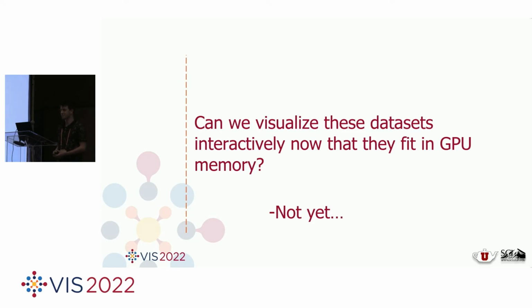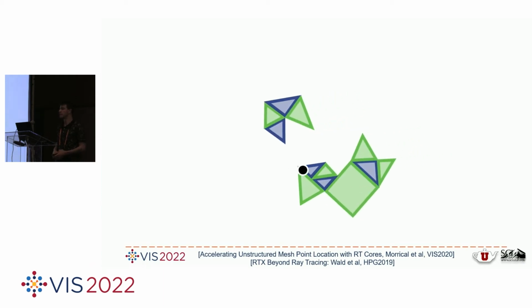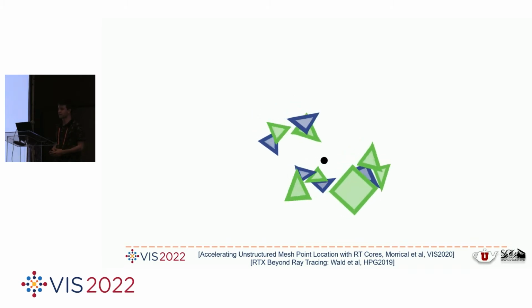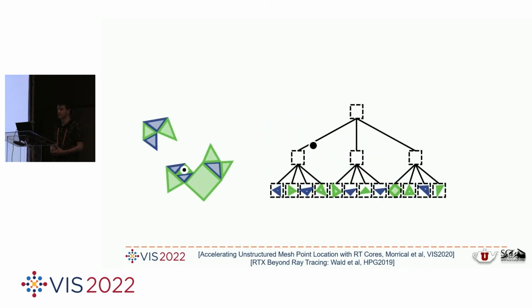That's because two challenges stand in our way. The first challenge is that we need an efficient way to perform point location queries on these unstructured meshes. Typically, we'll use an acceleration structure in order to make these point location queries fast and efficient. Our prior papers do this by leveraging ray tracing hardware in modern GPU architectures.